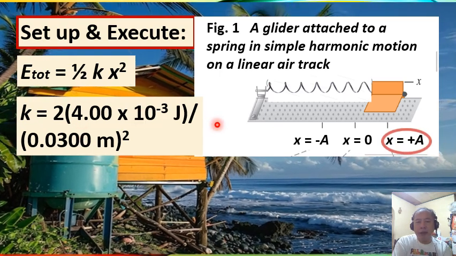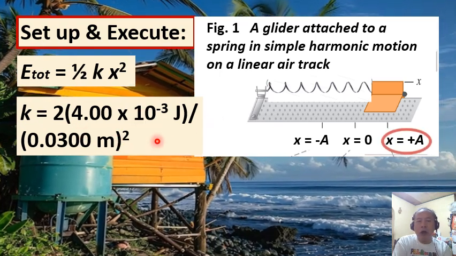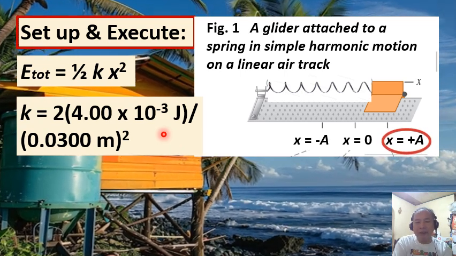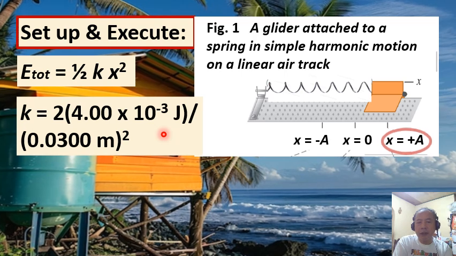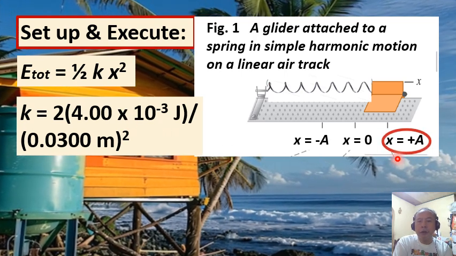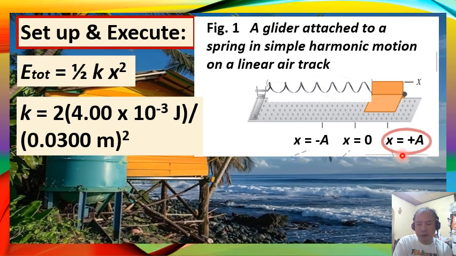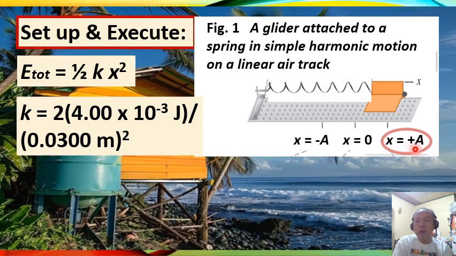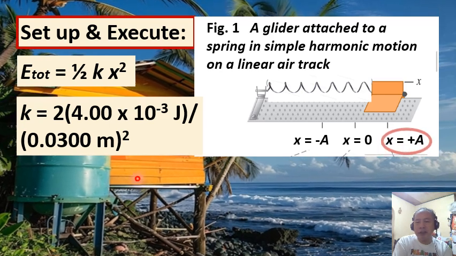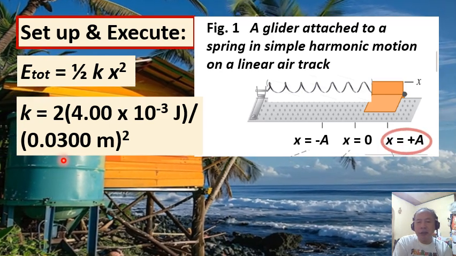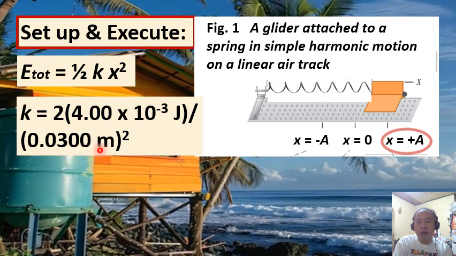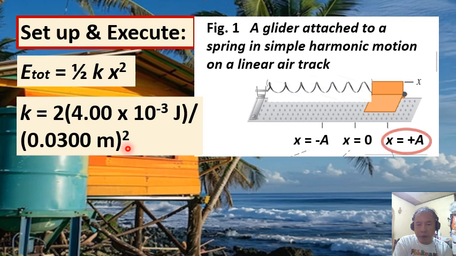And then divide it by the square of the displacement that is given, all right? And that happens to be the maximum value of x, corresponding to the maximum positive displacement, which in the question is given as equal to 0.0300 meters. So we still get the square of that.